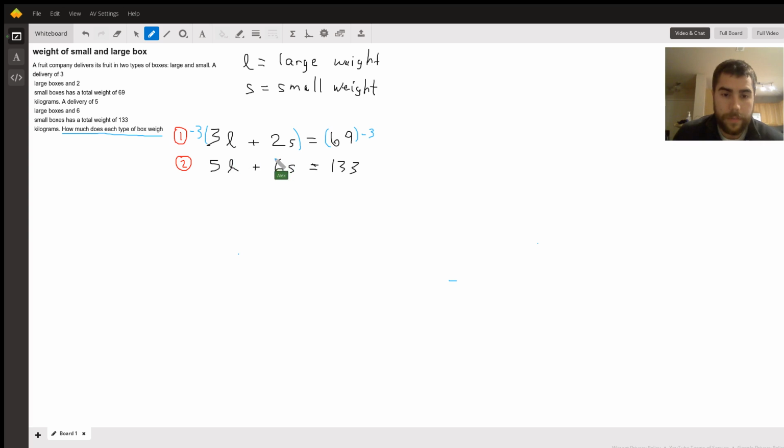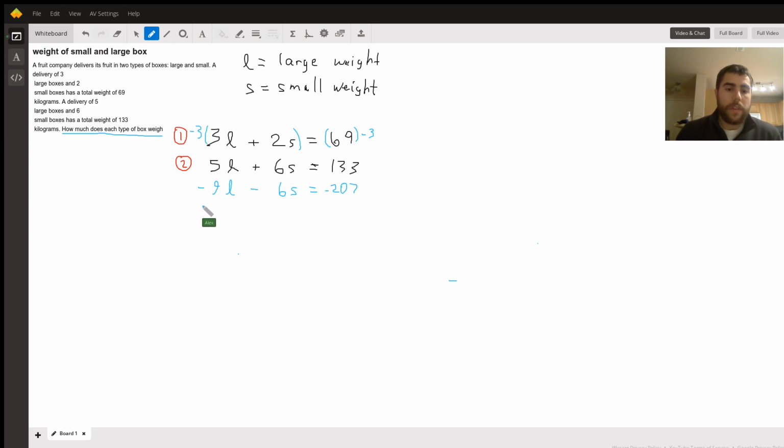I'll write the new version of the equation down below our second equation. So we end up with -9L minus 6S equals 69 times -3, which is -207.